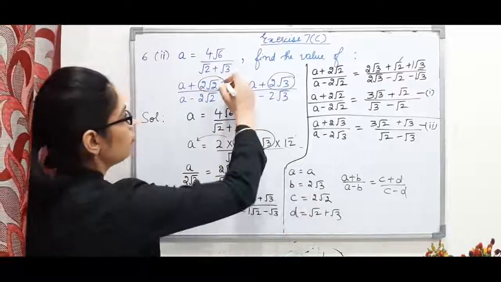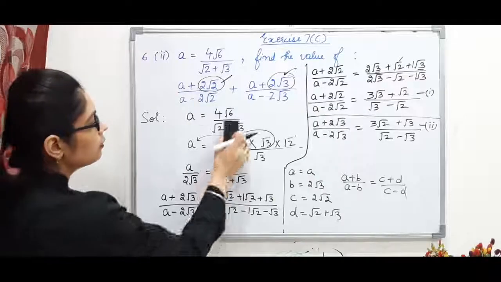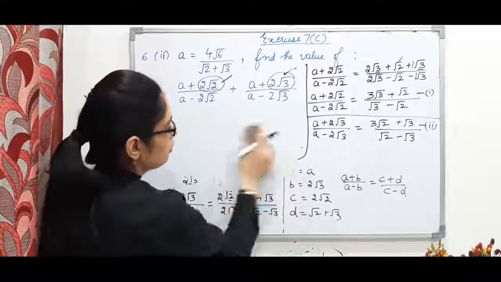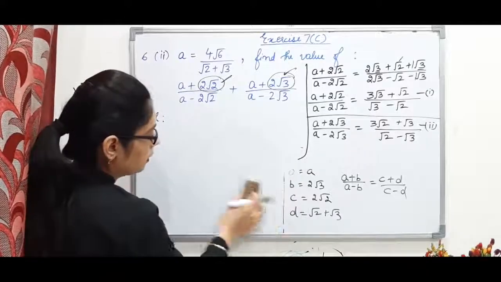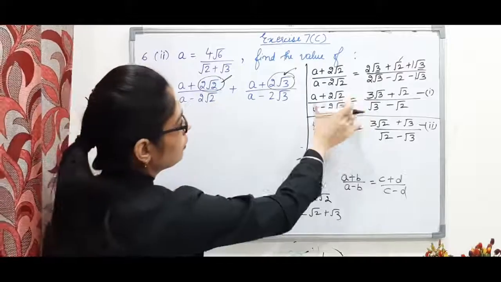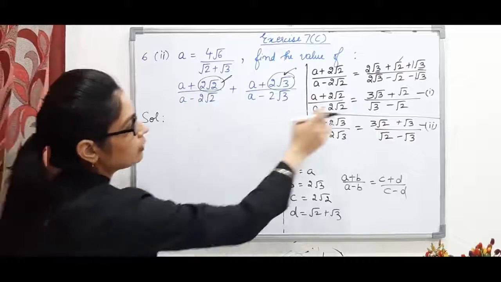Now we have found the value of this expression and this expression also. We can substitute and find the solution. So in place of these expressions, I will just write their values. So a plus 2 root 2 by a minus 2 root 2 is equal to this.